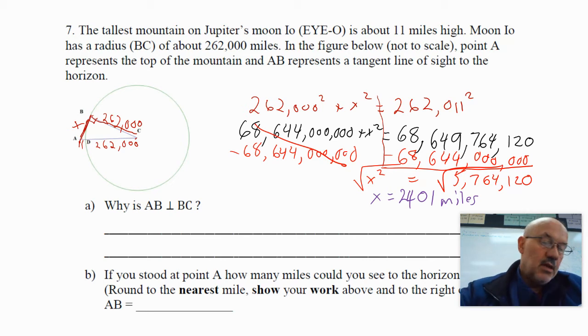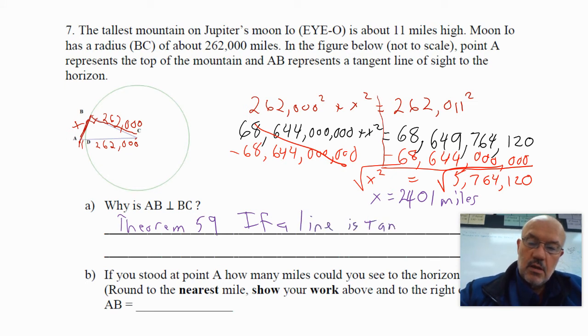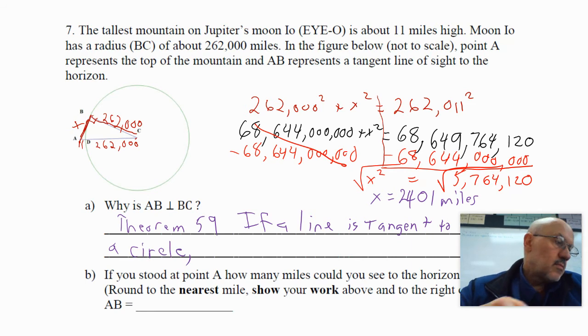Oh, and why is AB perpendicular? That's theorem 59, which says if a line is tangent to a circle, it's perpendicular to the radius drawn to the point of contact.